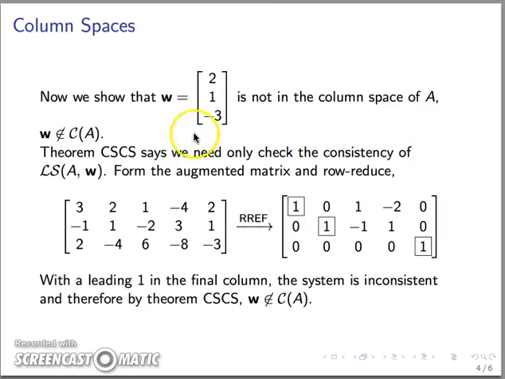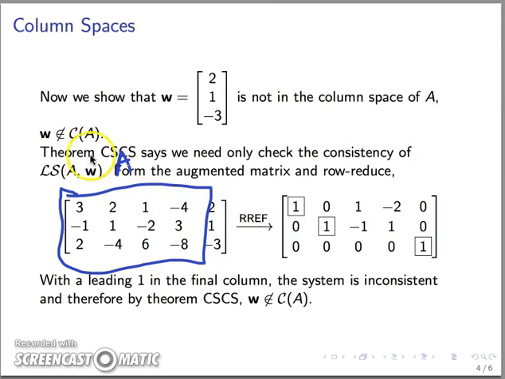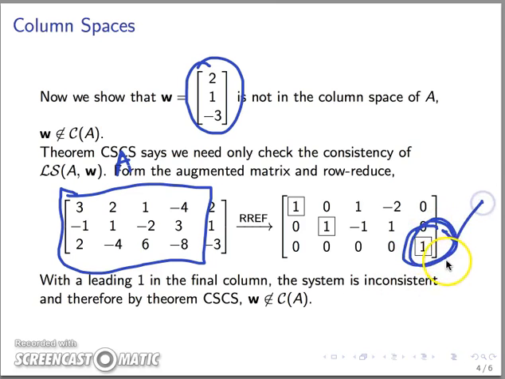You can see right away, by forming the augmented matrix, this is the matrix A we were working with, and the only thing we're changing is the vector in the last column, this vector W. We row reduce, and the location of a leading one on the last column of the augmented matrix is telling us that this linear system, with that matrix of coefficients and that vector of constants, is inconsistent, meaning the solution set here is empty.